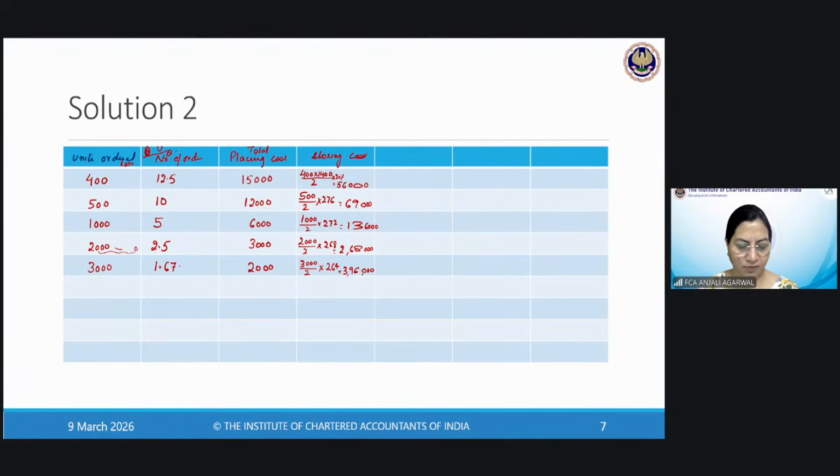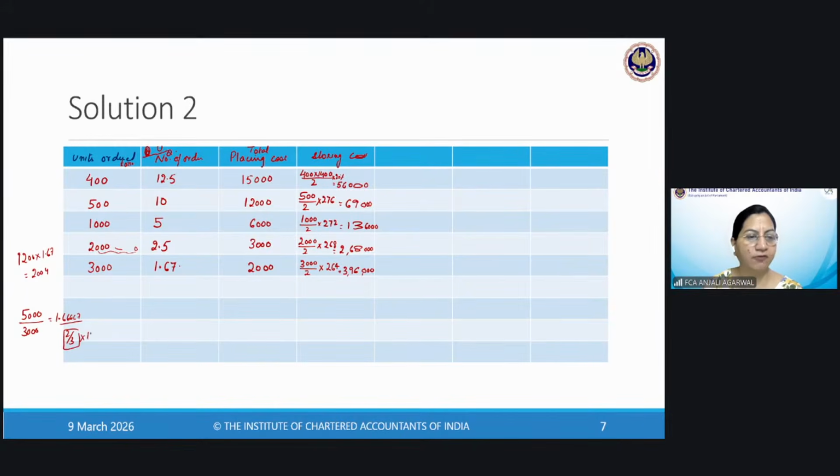1,200 into 1.67 is 2004. But if I take 5,000 units to be ordered, divided by 3,000 units, the number of orders is 1.666667. The .67 is 2/3.